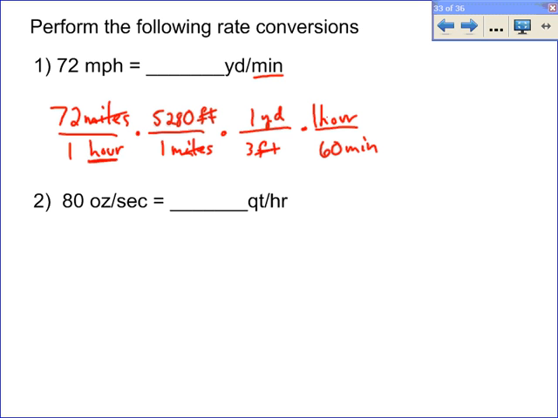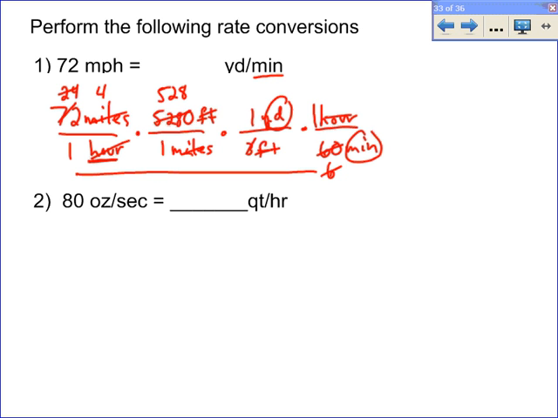So now the hours are gone, and I'm left with yards per minute, and I just need to find the answer. Well, I know 3 goes into 72 24 times. I know 10 goes into both of these, 5,280 and 60. Actually, both end in 0. And then I know a 6 goes into 24. That was really good because I've got all ones now in the denominator. So when I multiply that denominator out, it's just 1.